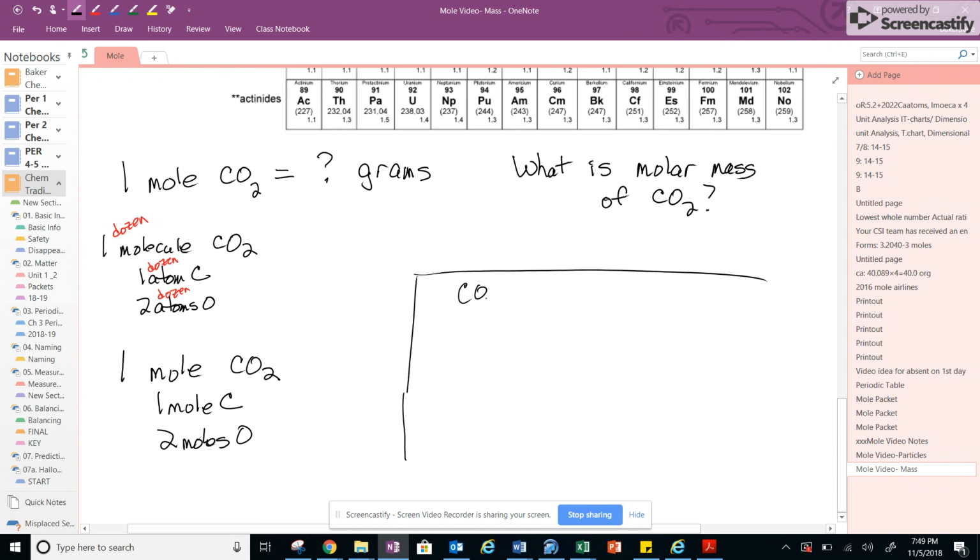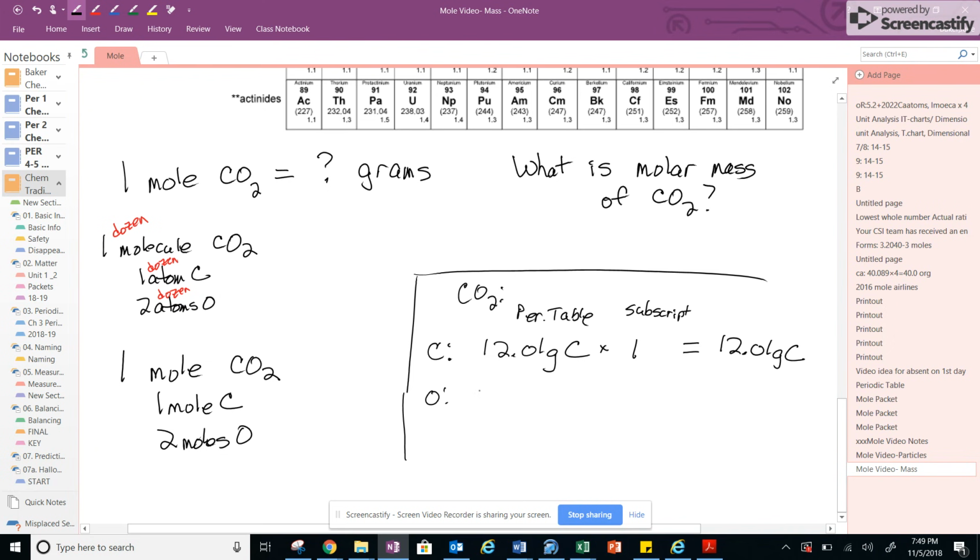For CO2, if I think about carbon, I get 12.01 grams of carbon from the periodic table, and I multiply it by 1, which comes from the subscript in the formula, meaning I get 12.01 grams of carbon in every mole of CO2.